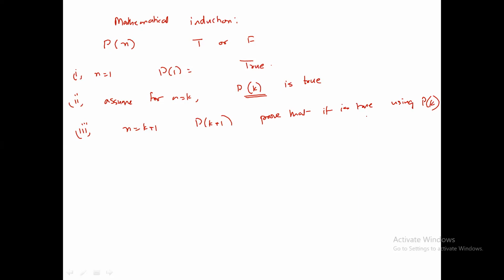If I say this, you may not understand. But when we do problems, you will be able to understand. For example, first question. For n greater than or equal to 1, the statement given to you is 1 square plus 2 square plus 3 square plus 4 square up to n square.